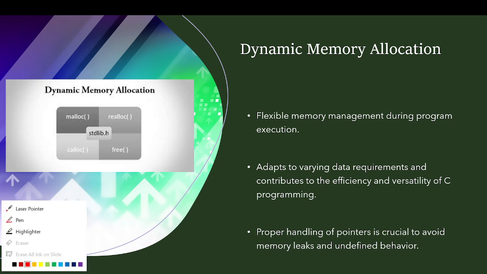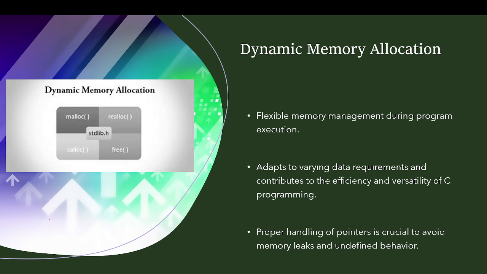Proper handling of pointers is very essential to prevent memory leaks and undefined behavior, ensuring robust and reliable program execution. So, dynamic memory allocation ensures effective memory utilization, which requires pointers as its basis.